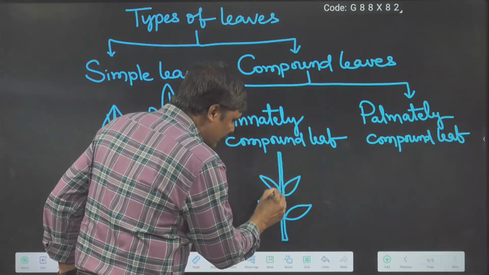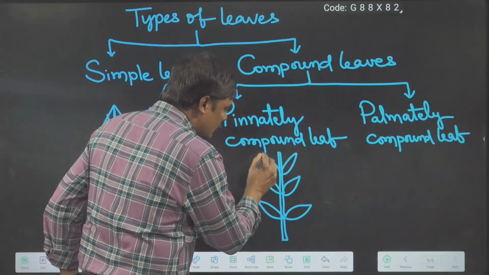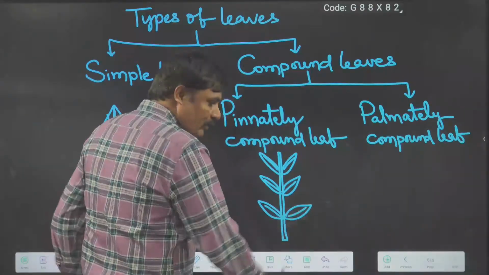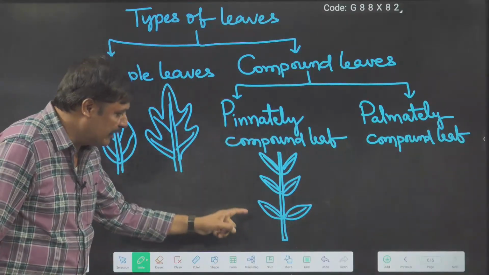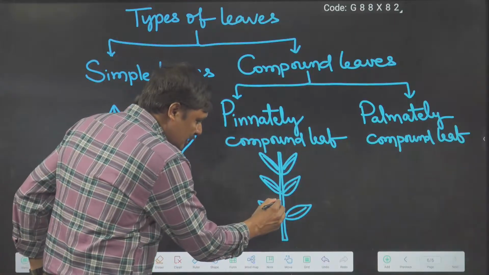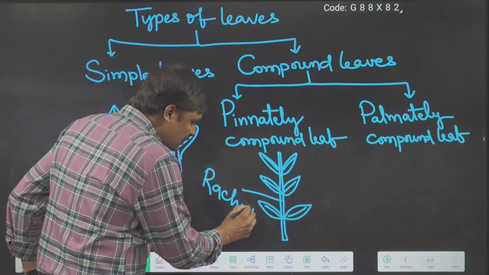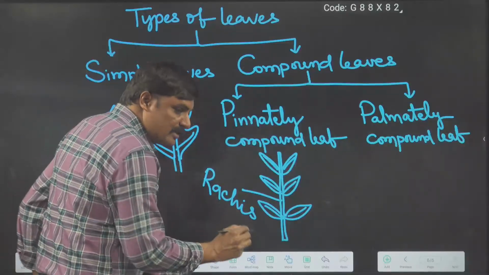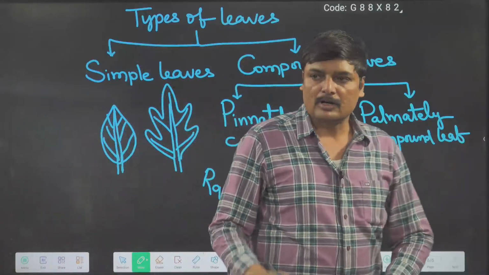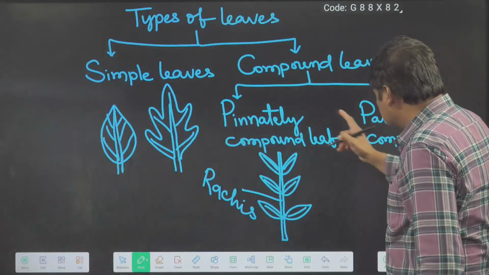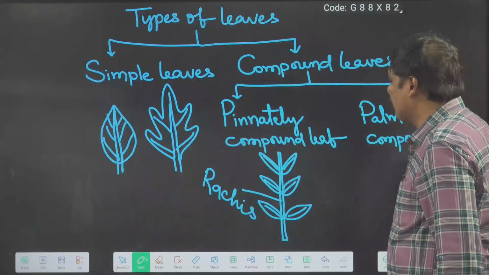This is called a pinnately compound leaf. This axis is called the rachis. This rachis represents the midrib to which leaflets are arranged. This leaf is called a pinnately compound leaf.